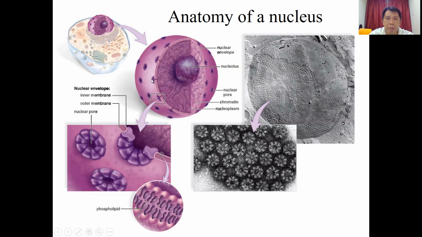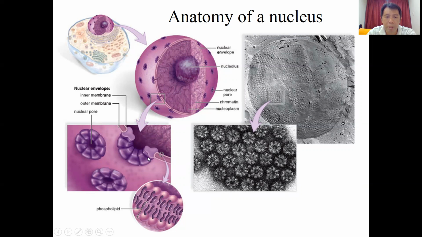The nucleus is enclosed by the nuclear envelope, which is a double membrane, and it has nuclear pores, which allow the exchange of materials. Then you can see there is a lot of chromatin. The chromatin is found in the nucleus.